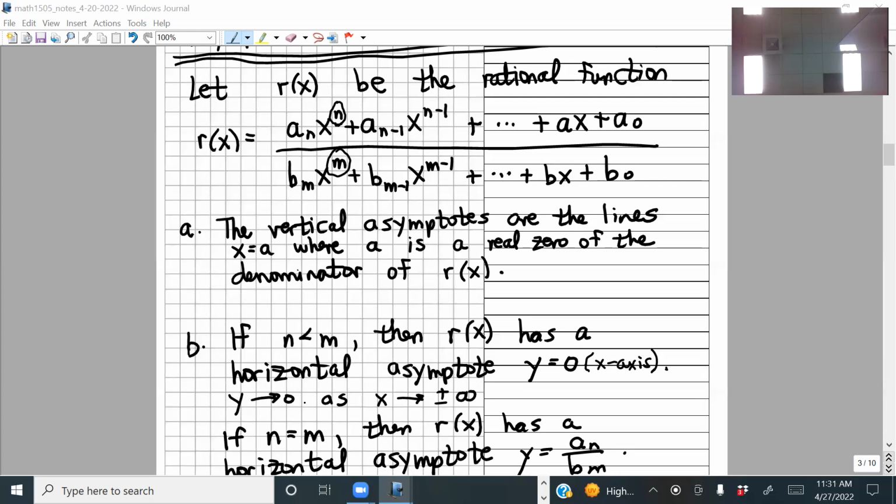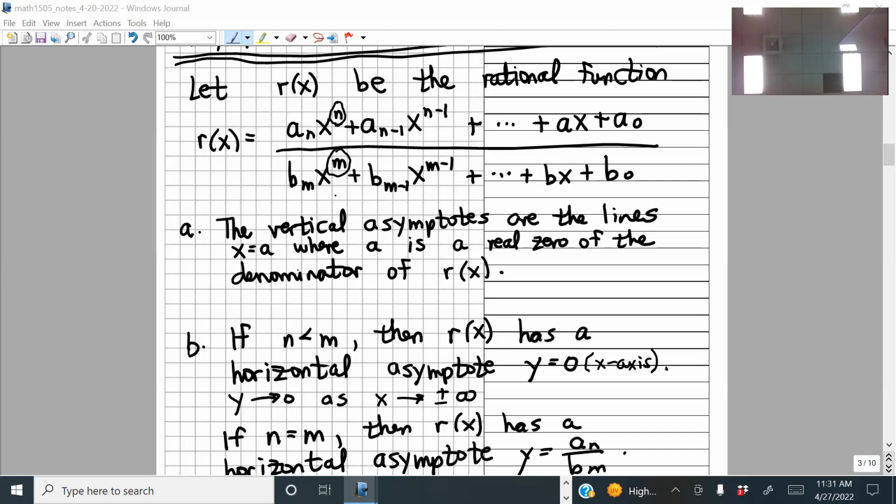All right, that's one case. Now, the opposite would be if the degree of the top is bigger than the degree of the bottom. Suppose we had x cubed over x squared, for instance. Top degree bigger than bottom degree. Then that's even better. You don't have any horizontal asymptotes in that case.